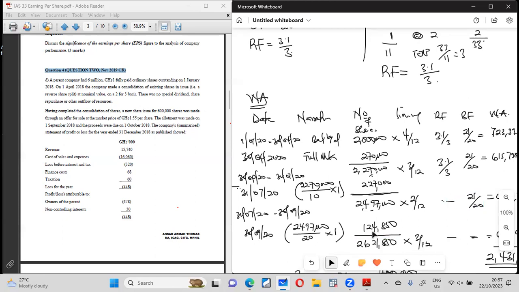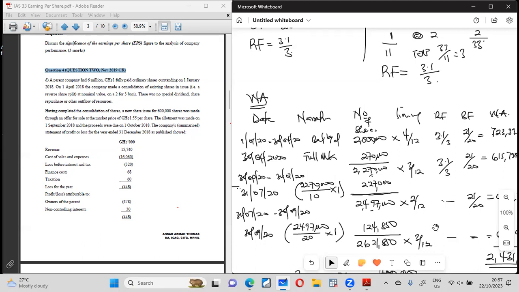If the bonus one had come before the right issue, we would be using the right issue, but I will not use the bonus issue. And when we come down, we won't use the right issue and the bonus.